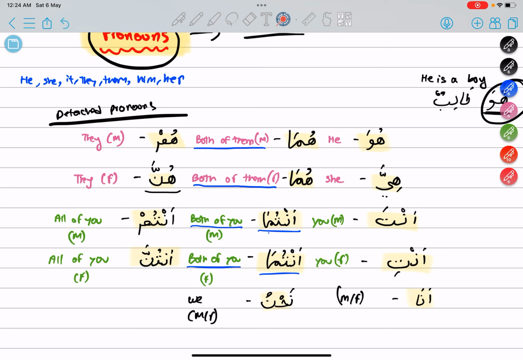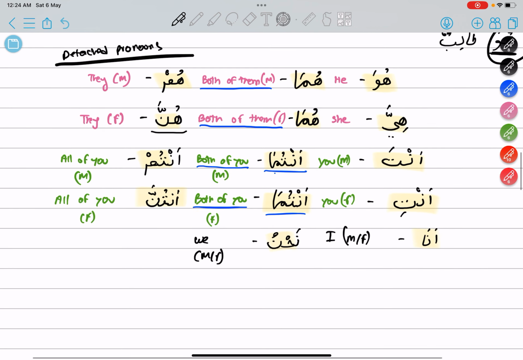Antuma means both of you, feminine. Antunna means all of you, feminine. Ana means I. And nahnu means we. It's very important that you memorize these words by heart.